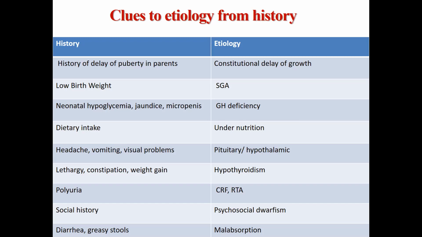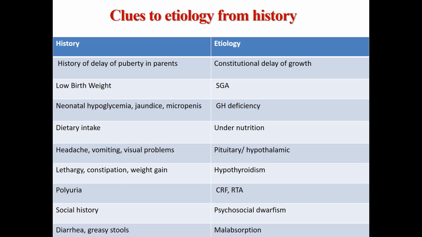History of delayed puberty in parents is an indication of constitutional delay of growth. Low birth weight indicates small for gestational age. Neonatal hypoglycemia, jaundice, micropenis indicates growth hormone deficiency. Dietary intake and nutritional assessment will indicate the undernutrition.